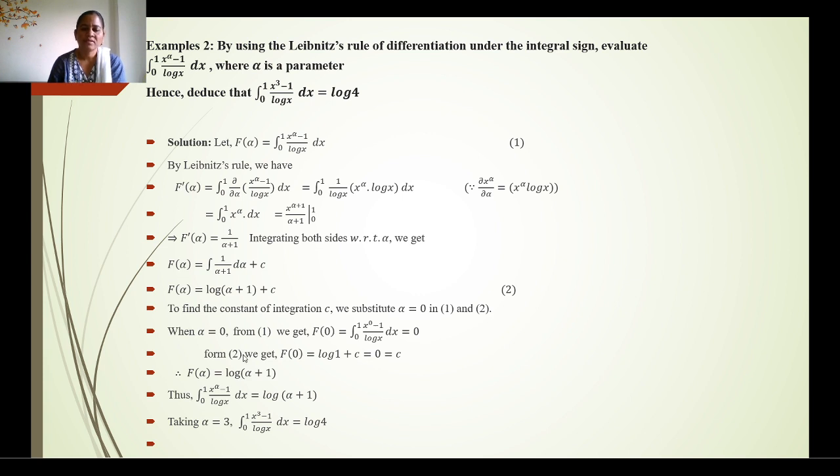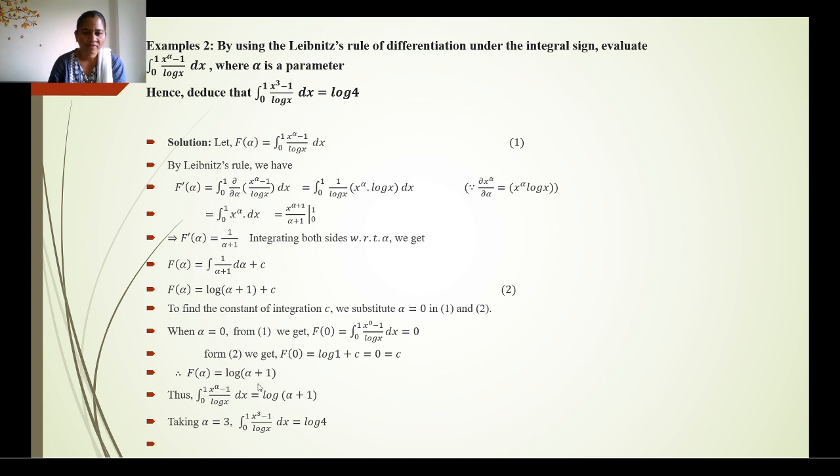Then again put alpha is equal to 0 in equation 2. It becomes log of 1 plus c, and we know that log 1 is 0. So 0 plus c. F of 0 becomes c.